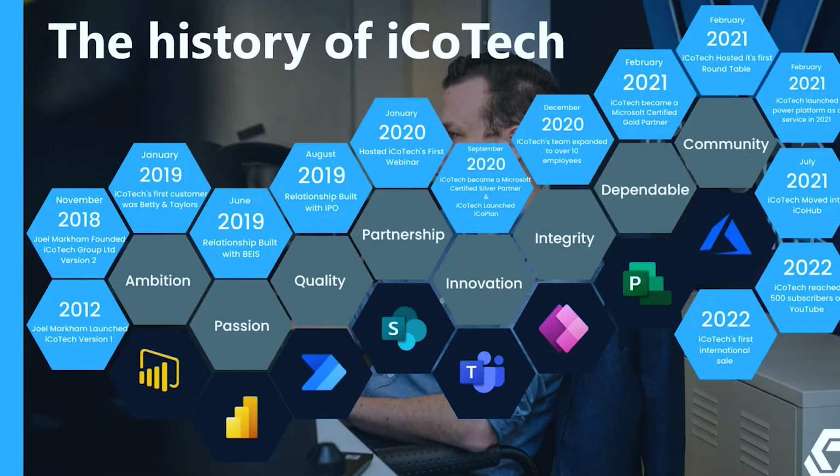iCotech, as I change the slide over, we have been on a journey over the last 3 years, which included, you might have heard of it, a pandemic as well. So it credits to Joel and the rest of the team that we've gone from strength to strength in a difficult environment.